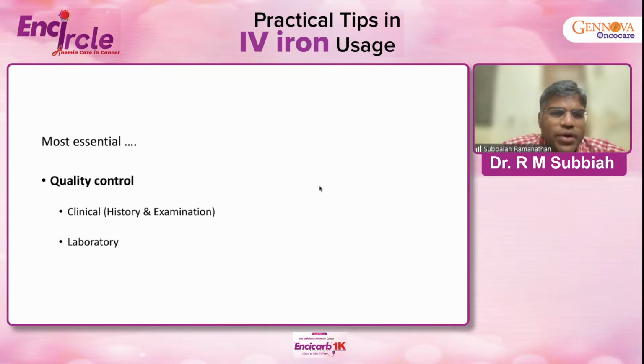And in the lab, the values have to be quality controlled with internal quality control run within the lab periodically, and also external quality assessment where the lab participates in programs conducted by the tertiary care referral centers and teaching institutes, where they will say whether the tests we are running are properly giving the results or not.